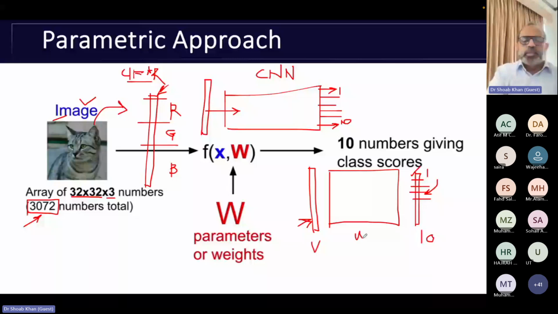So its dimension is 1 into 3072. So you need to take its transpose so that you can multiply them.